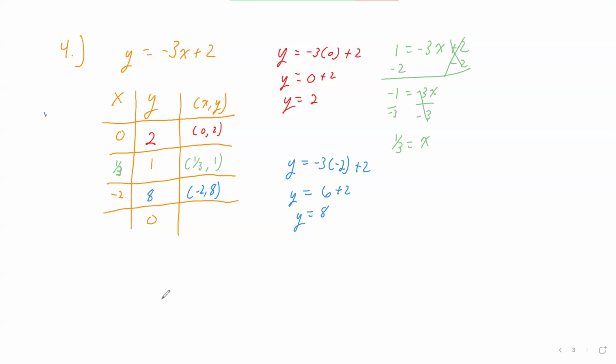And then the last one, that 0 belongs to y. So now I get 0 equals -3x plus 2. So what do I do to solve? Subtract my 2.